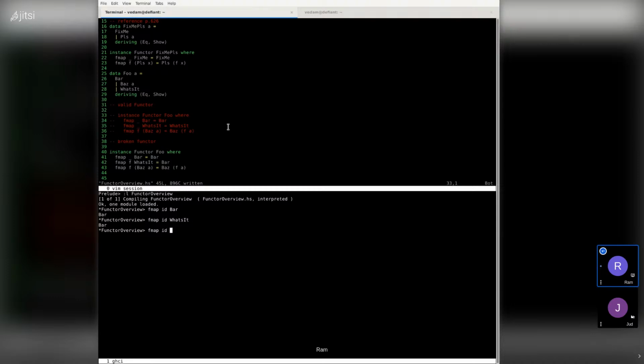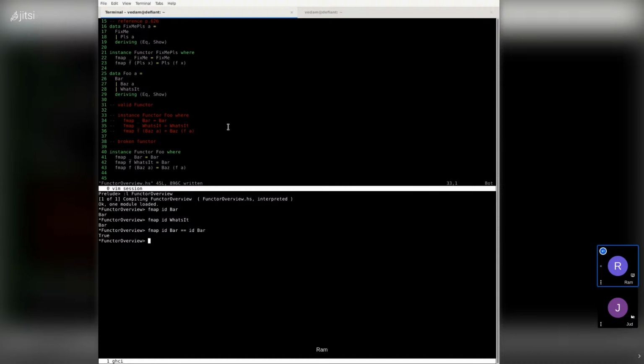This is not going to work if we do id of, actually, let's do fmap of id. Yeah, fmap of id on bar, id on bar.